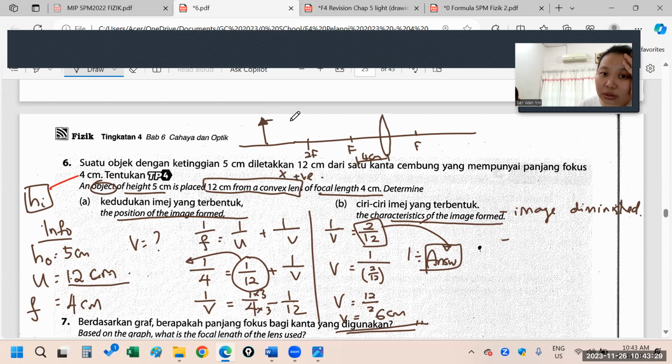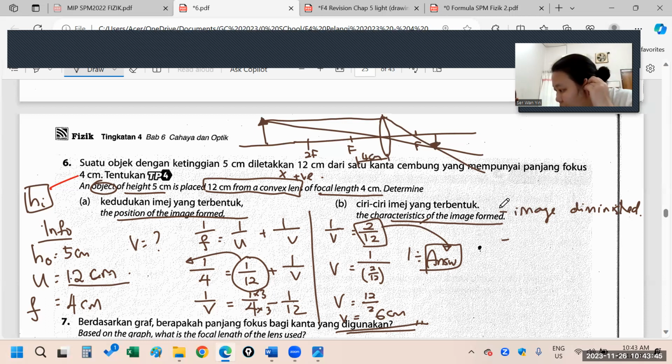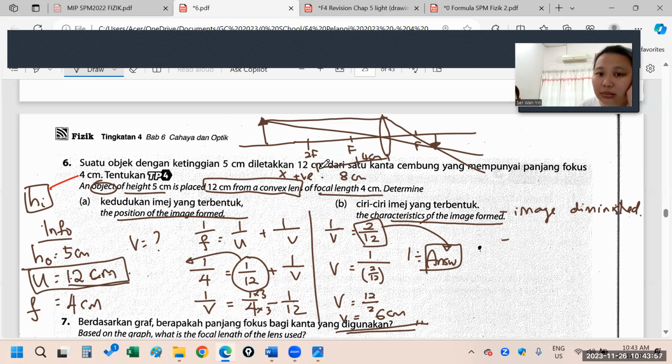So we will get the virtual. 12 cm means F is 4 cm, 2F is 8 cm.